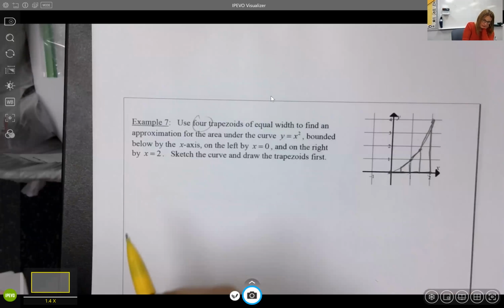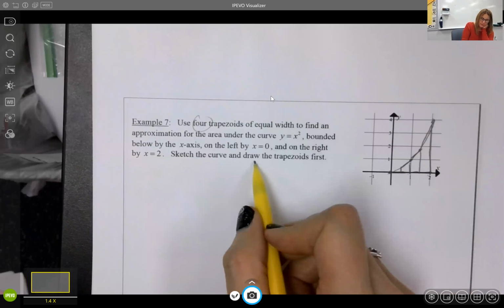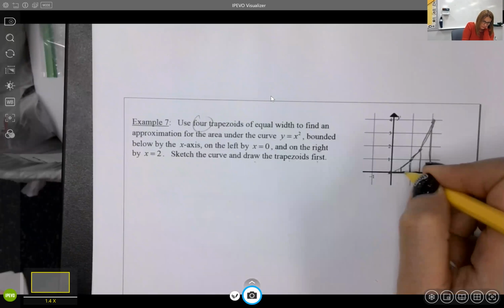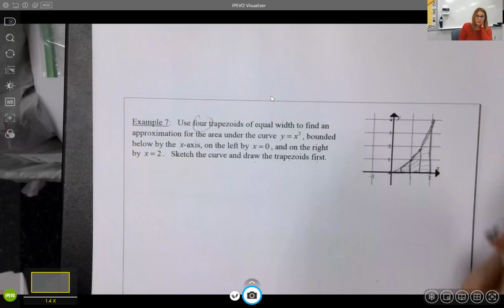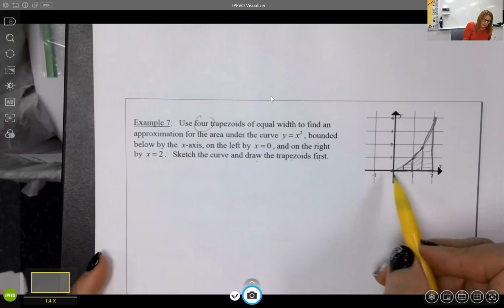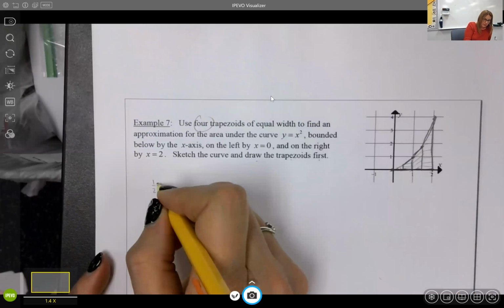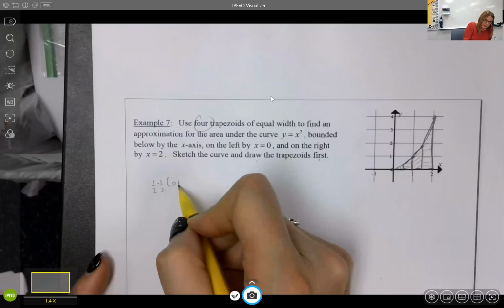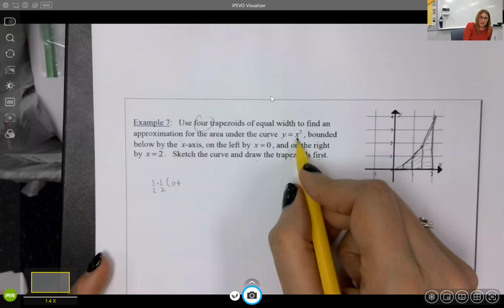Okay, so it says to sketch the curve and draw the trapezoids first. I just did that, and I could do these in different shading so that you can see the different ones. Okay, so now I'm going to do the first one, which goes from 0 to 1/2. 1/2 times 1/2, and then the first base is 0, and the second base is, well, if I plug 1/2 into x squared, I get 1/4.